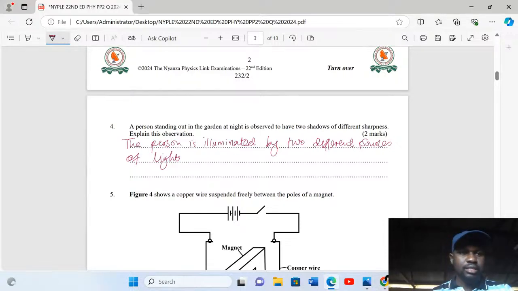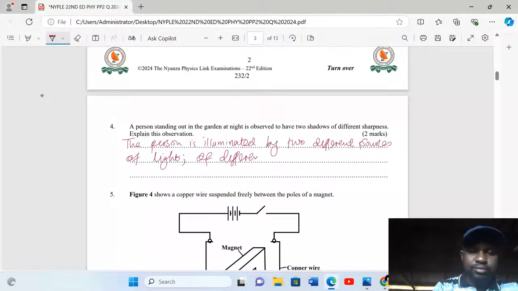If you look at this issue of two different sources of light, then for them to create a difference in the sharpness of the shadow, they must be of different intensities.